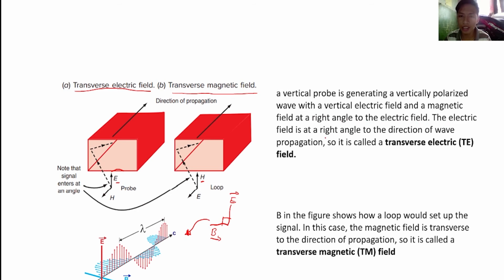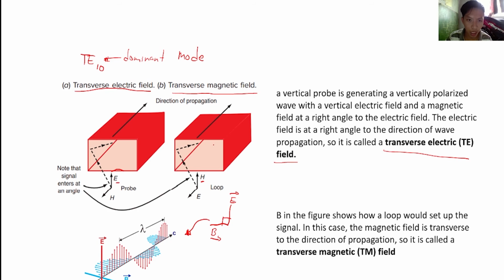The electric field is at right angle to the direction of the wave, so it is called a transverse electric field, also called TE. That's why on the previous slide you encountered this one, which is the dominant mode, which is the basis of the cutoff frequency.